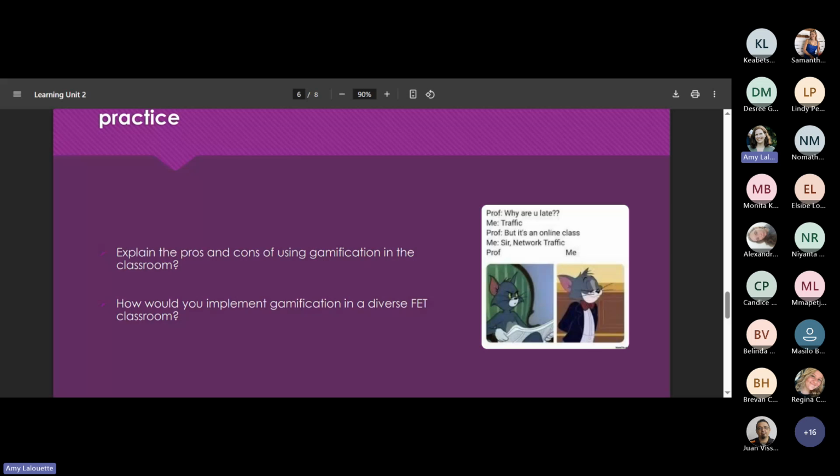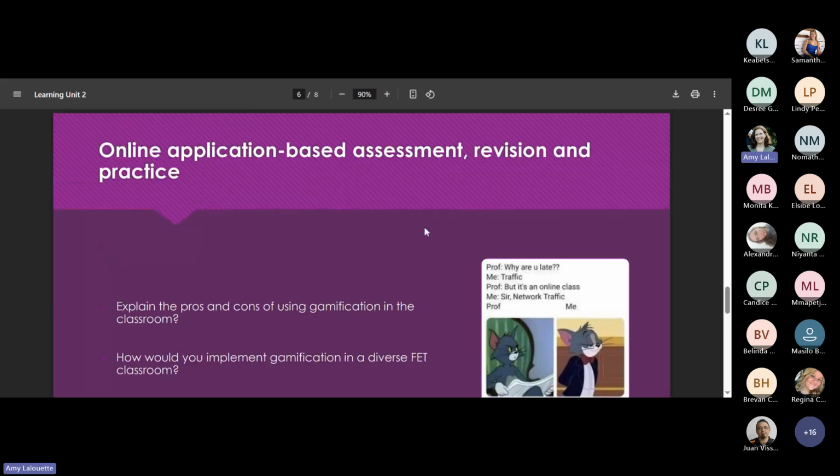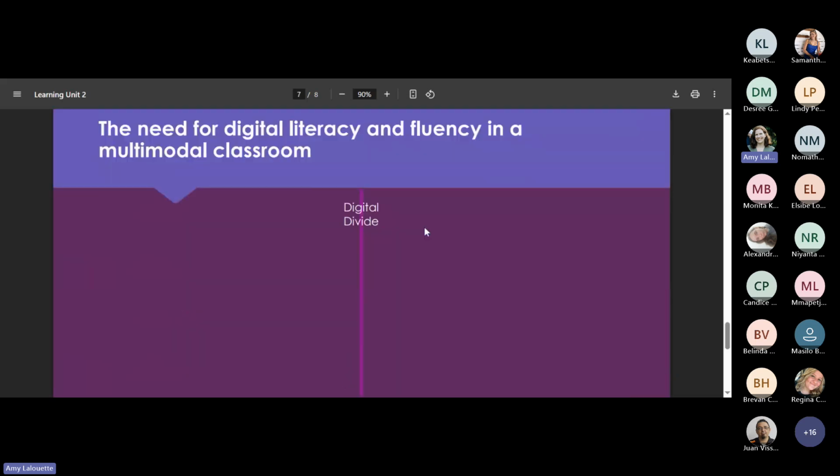And then we get the big one, which is that if you are using games that require online participation, some students do not have access to it, or they are not very good at online participation because they have not had the exposure to digital means, which brings us very neatly into the digital divide.